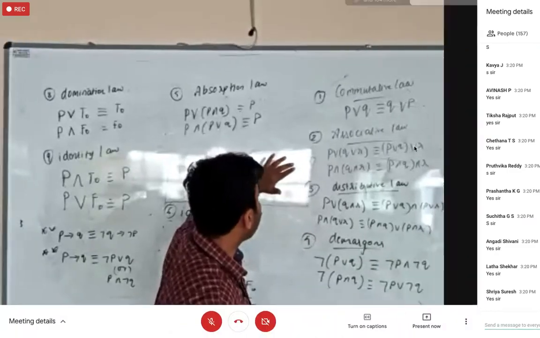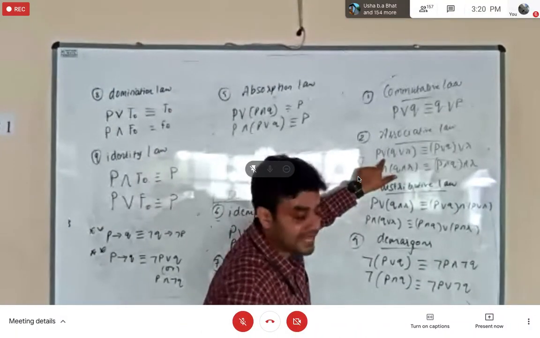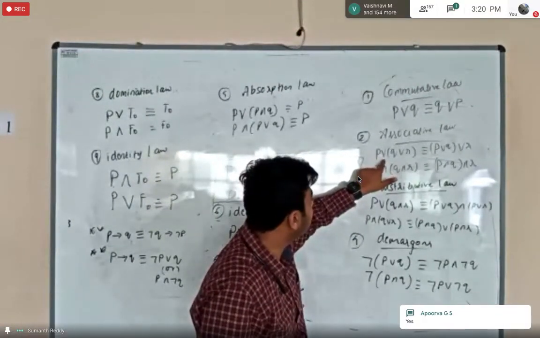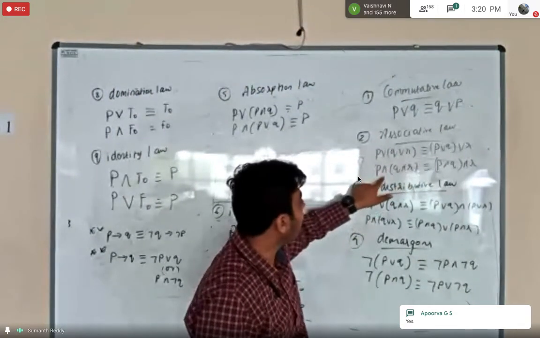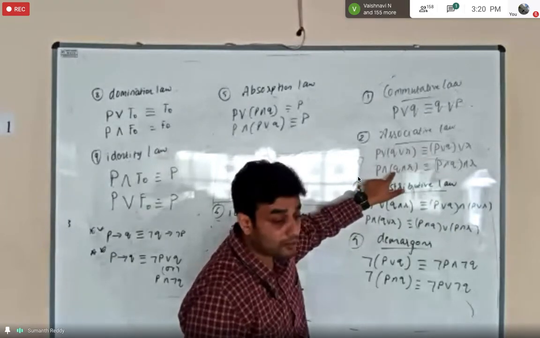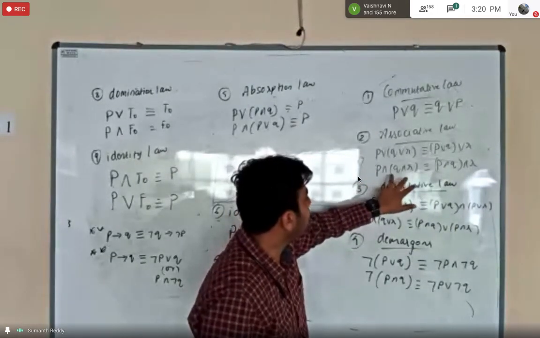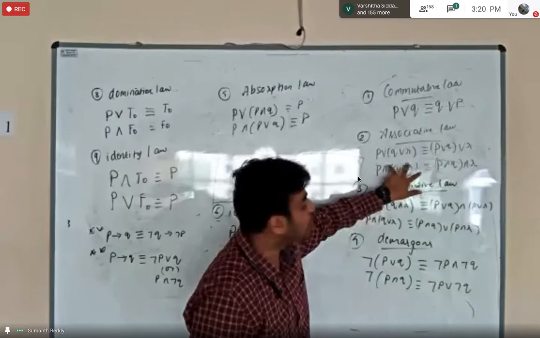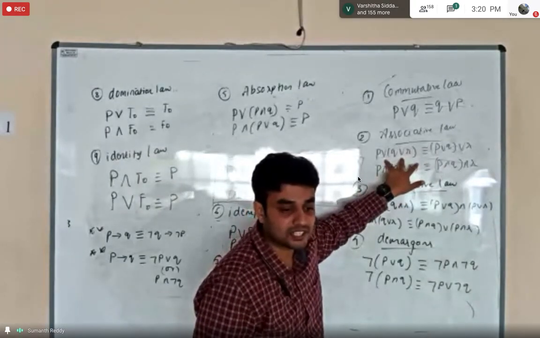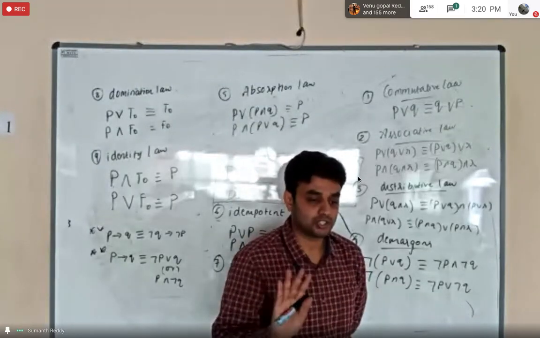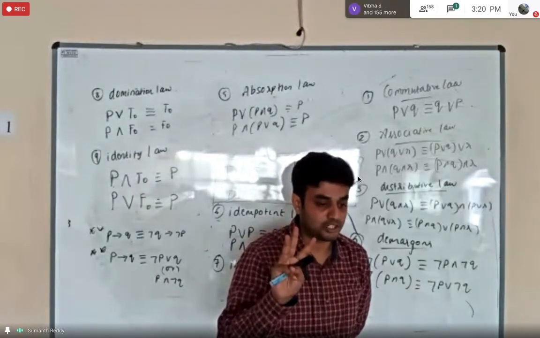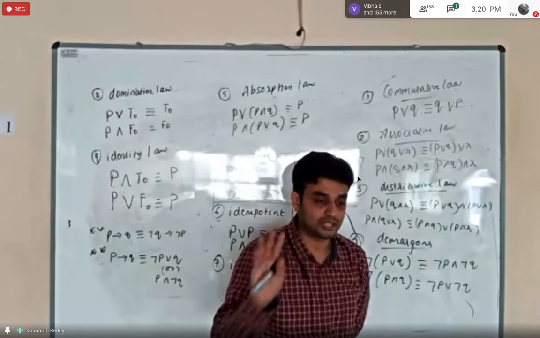Here we have P or Q or R, and similarly P and Q and R. Both times the symbols are the same, conjunction in one and disjunction in the other. When all the symbols are the same, go with the associative law. That's all. When we have three propositions and the symbols are the same, go with the associative law.